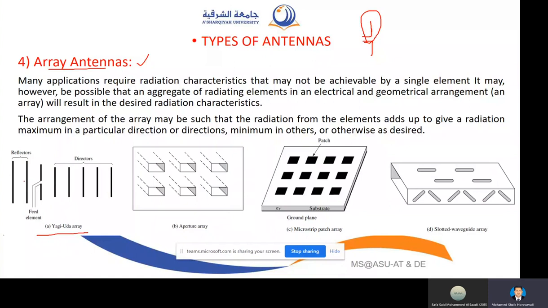How many dipole antennas do you have? 1, 2, 3, 4, 5, 6, 7, 8 dipole antennas. They are separated by some specific distance. This distance will remain constant. It will not change. This one is where you can connect your TV signal.